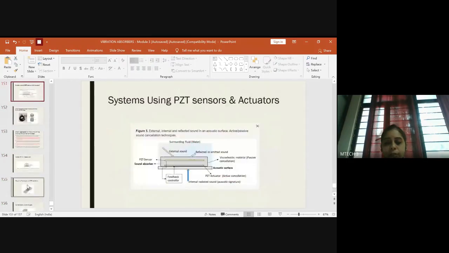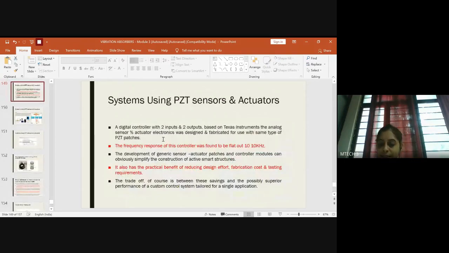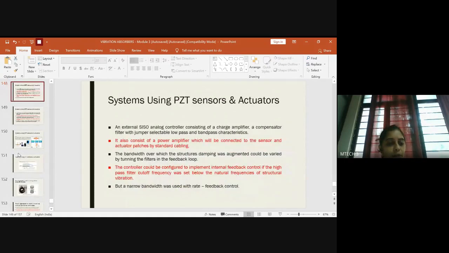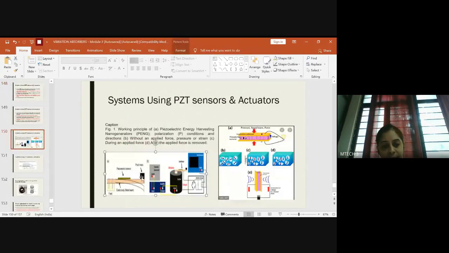this diagram is not of the case study we are dealing with. In the case study, there is no diagram as such. For your reference, I've just taken a diagram so that you can understand. You can see that this is a cantilever beam and this will be the PZT actuator. Along with that, you'll have a sensor patch applied here, one above and one below, right? Because it has to sense.